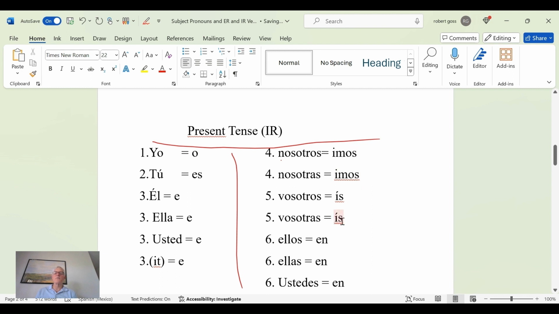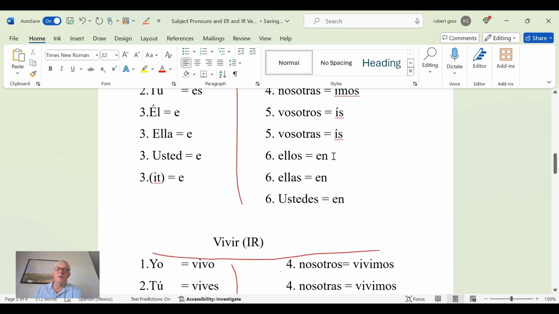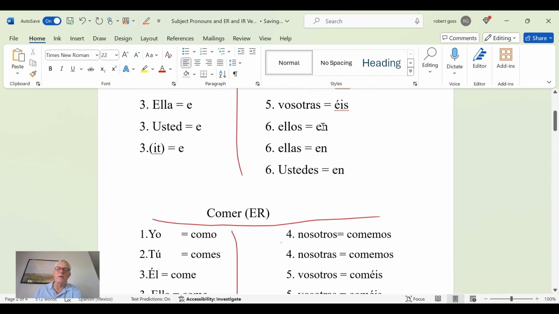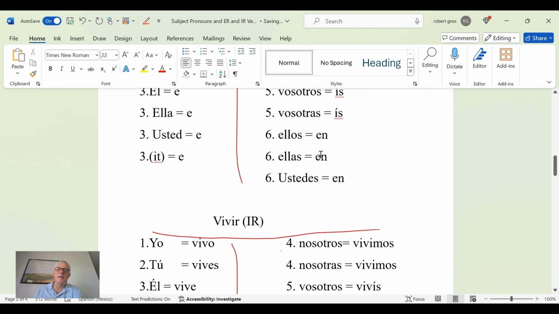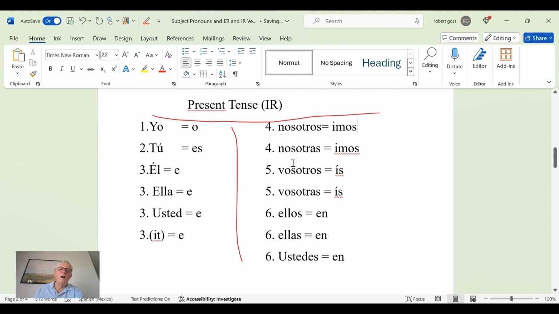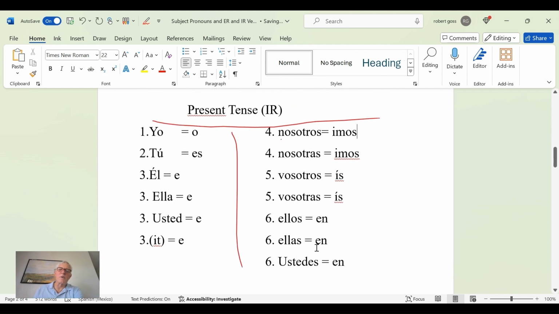So those would be different. So nosotros and vosotros have a little difference with the IR verbs. But then we get to number 6. It's still going to be the same. For the ER verbs, the number 6 pronouns would be EN, EN, EN. For the IR verbs, they're EN, EN, EN. So IR verbs are like ER verbs with all of them except for nosotros and vosotros. And for us, really, nosotros is the only one we have to worry about because we're not going to deal with vosotros very much.